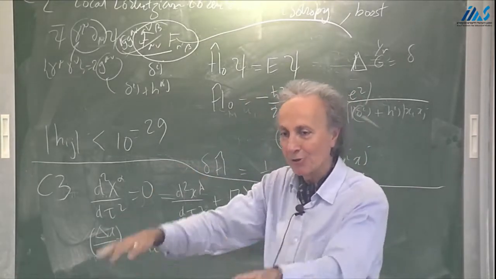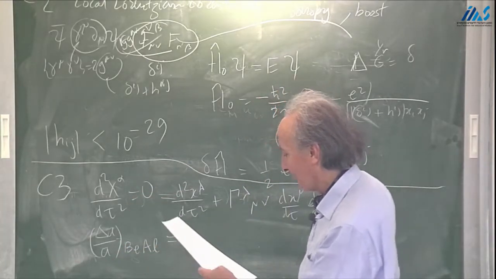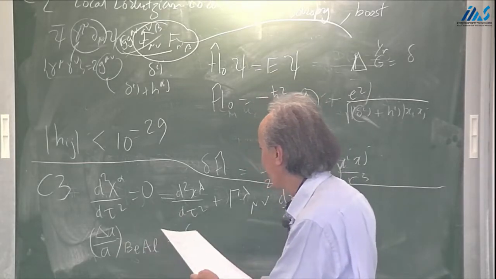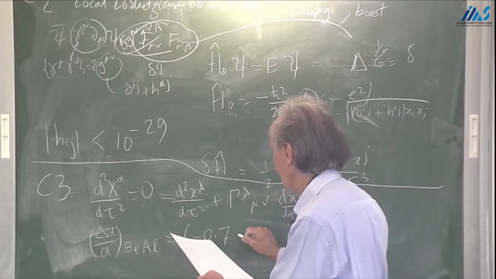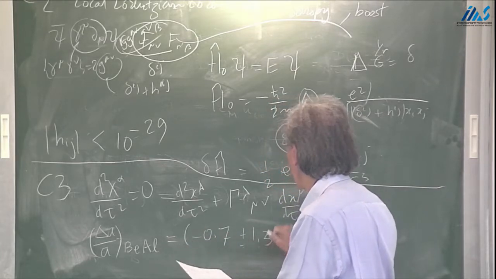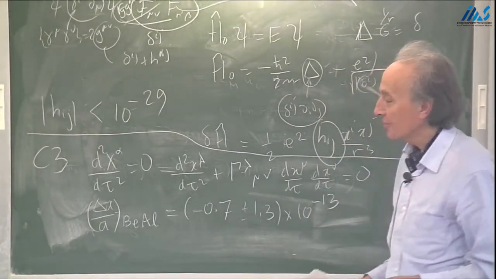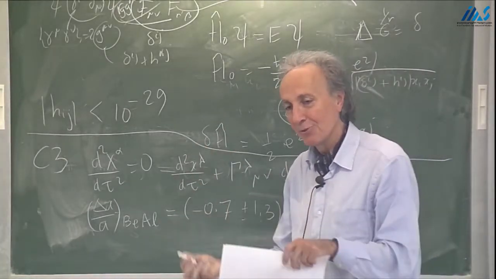They are on a torsion balance, but you see with which acceleration they would fall if not for the torsion balance, and you find that the fractional change in free fall acceleration is equal to minus 0.7 plus or minus 1.3 times 10 to the minus 13, so it's consistent with 0. So a part in 10 to the 13 now, which is better than what it used to be years ago.